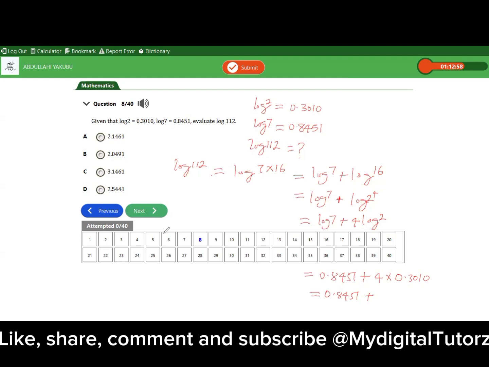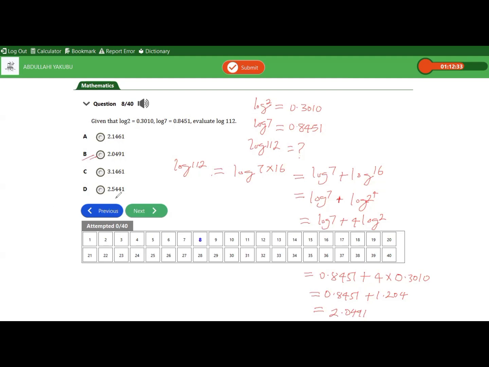So that will give us 1.204. So add this together, gives us 2.0491. 2.0491, that is option B. That is option B. I hope this is understood.